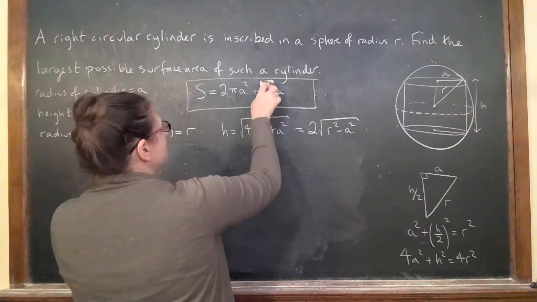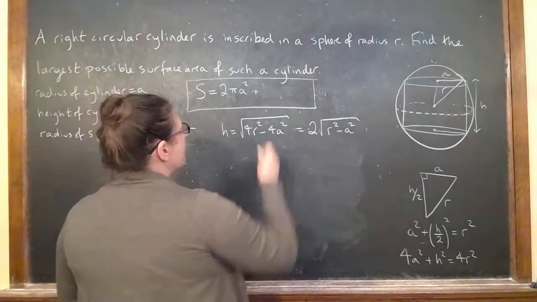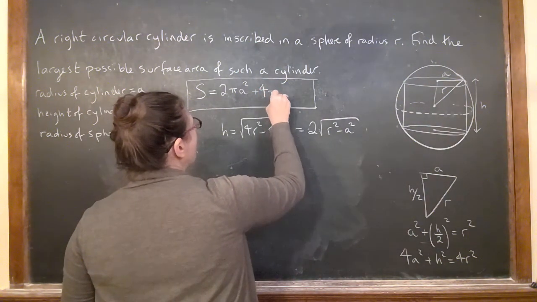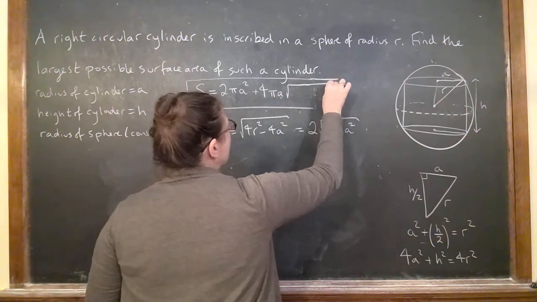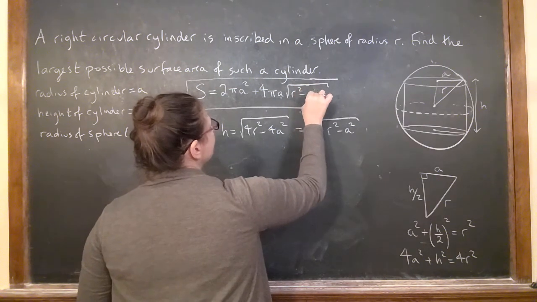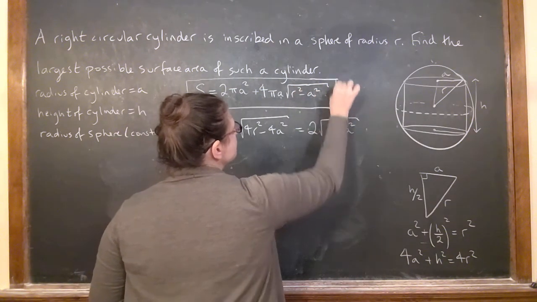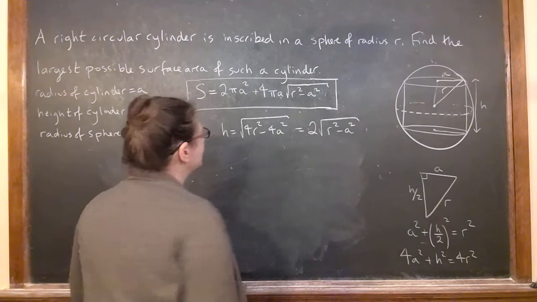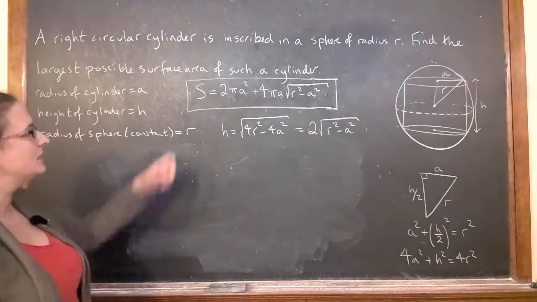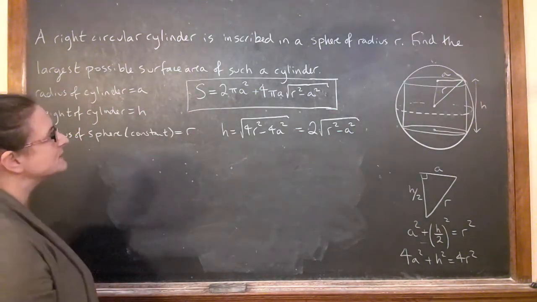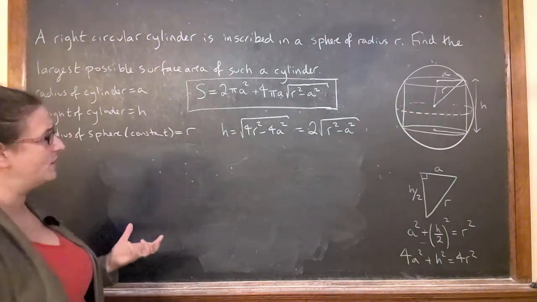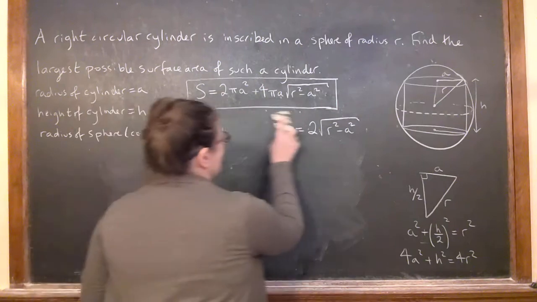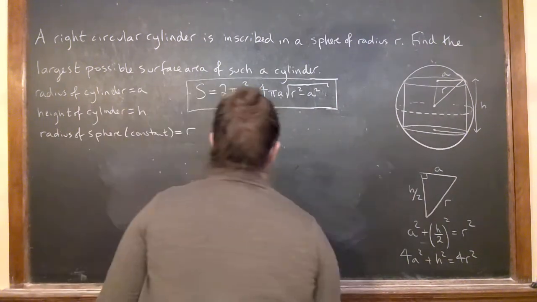So the 2 becomes a 4, and I'm going to end up with 4 pi a times the square root of r squared minus a squared. Okay, so now that I've put h into my original surface area, I have it in terms of one variable, which is a, because r is constant.